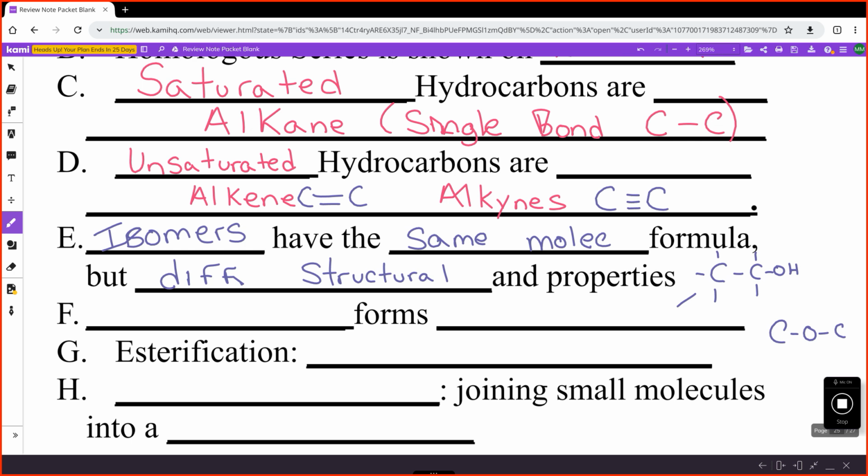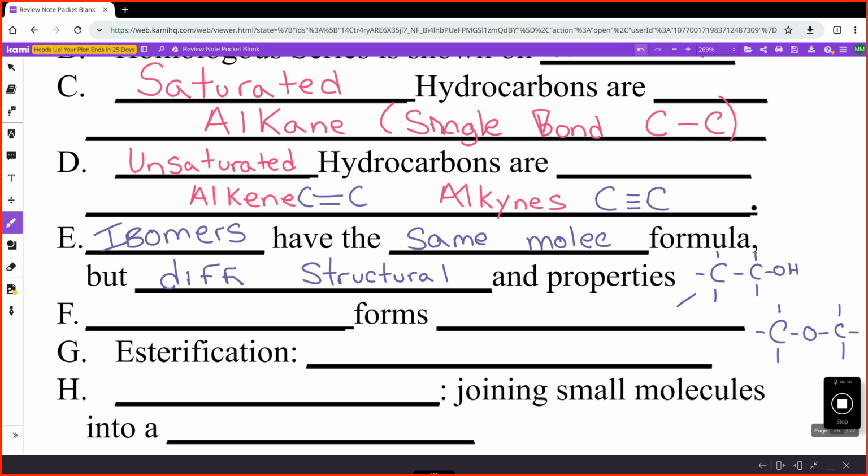So there are my two C's and my one O, and I can redraw it that way. Now, those are clearly two different pictures. They're put together differently. C is bonded to O, and then it's bonded to C, versus C is bonded to C and bonded to O. These two things are called isomers of one another. They have different structures. They have different properties. They have the same molecular formula.